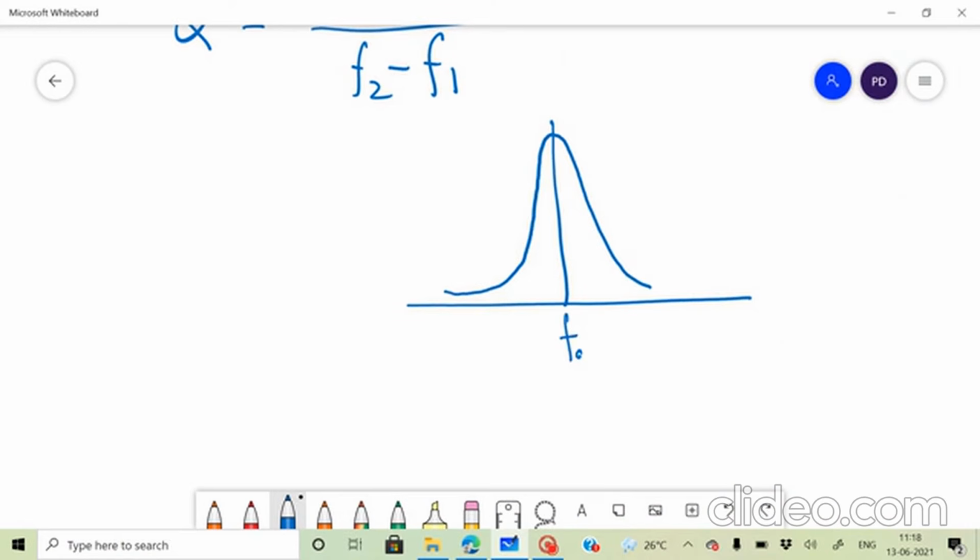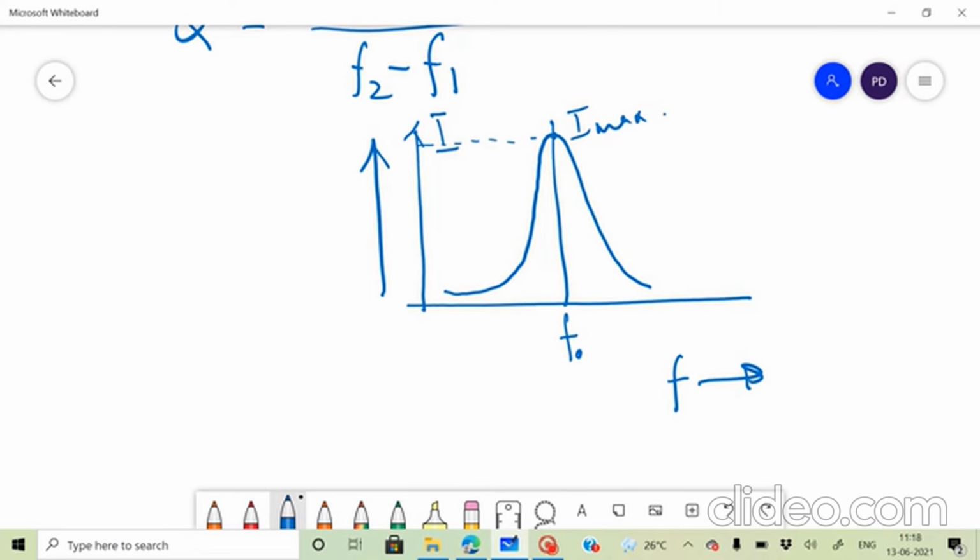So this is your resonance point. Along the x-axis you put F, along the y-axis you put I, the current in the LCR circuit. So this is your I max.